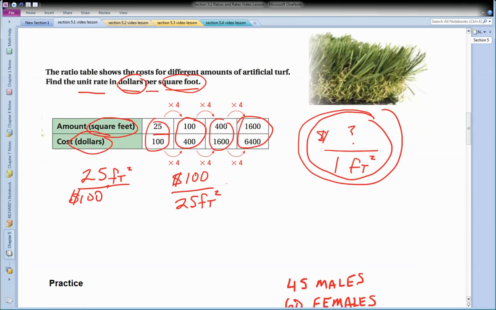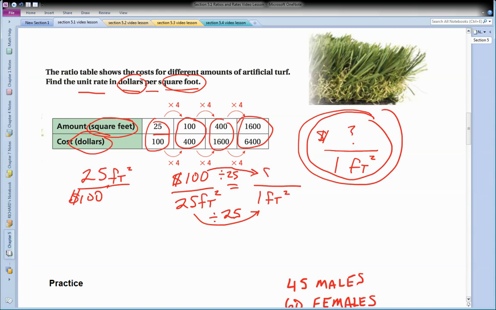And then to convert this into a unit rate, where I have 1 square foot in the denominator, I have to do what? I need to divide by what? Very good. I have to divide by 25. And I also have to divide the numerator by 25.